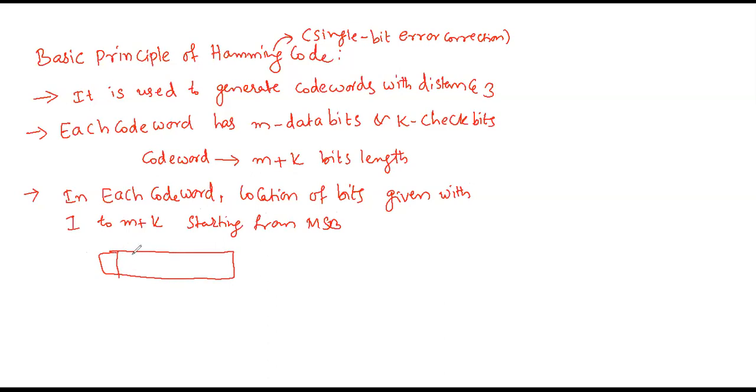This is the first bit location, second bit, third bit, fourth bit, like this. So this is the MSB. We are having m plus k bits, so the locations are 1 to m plus k.